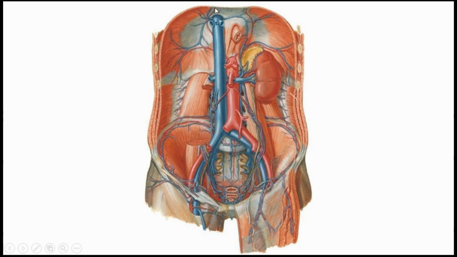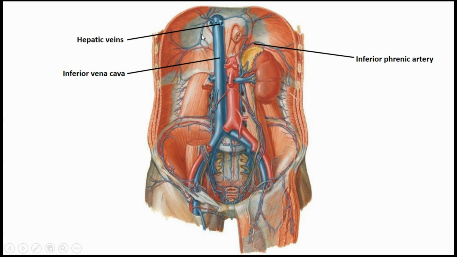And we've also got branches from the diaphragm, so we've got some inferior phrenic veins draining to it right there. And the inferior vena cava, just before it leaves the abdomen, gets blood from the liver, from those hepatic veins. So all the blood from our foregut, our midgut, and our hindgut goes to the liver through the hepatic system, and once the liver's drained and filtered and screened all that blood, then it gets dumped into the inferior vena cava via the hepatic veins.